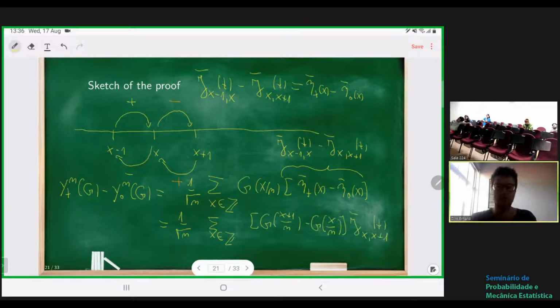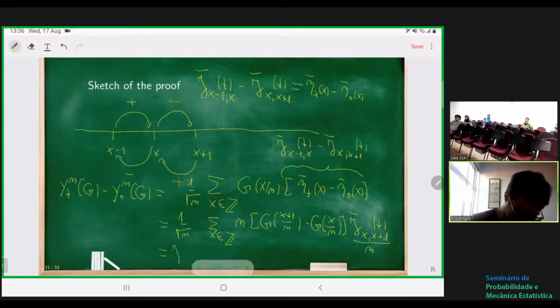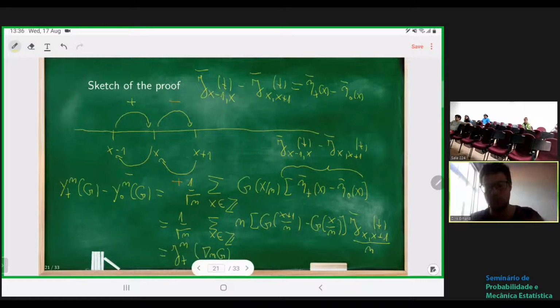If I want to have a discrete derivative here, I need to multiply this by n, right? To really have the discrete derivative, I need to divide by n. And if you look carefully, this is really the fluctuation field at the discrete gradient of g. And from this, essentially, the result follows. Now you use some approximations, but from this observation, the result follows.